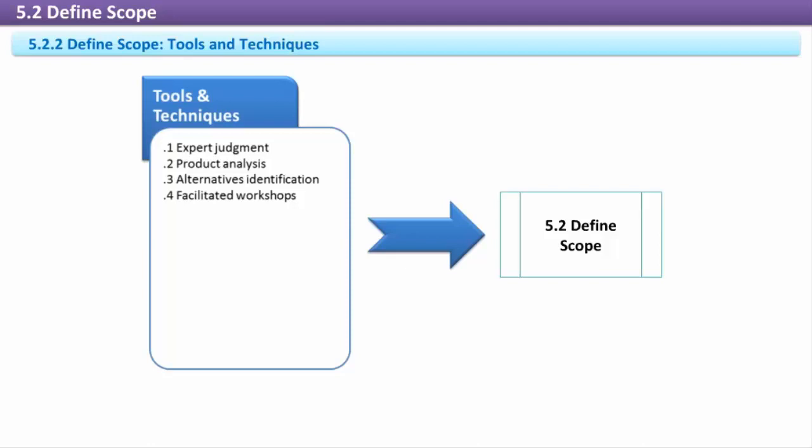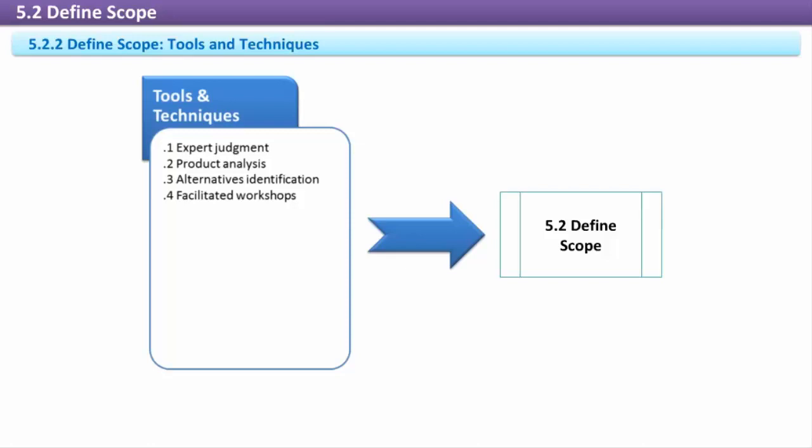Alternatives identification. Finding alternatives looks for different approaches in performing the work required by the project or in the methods for achieving the project's objectives. Alternatives identification is applicable to many project components. Facilitated workshops.